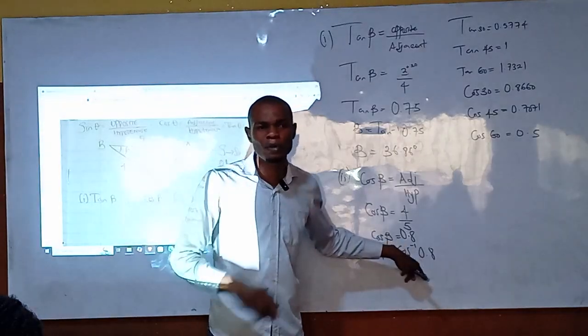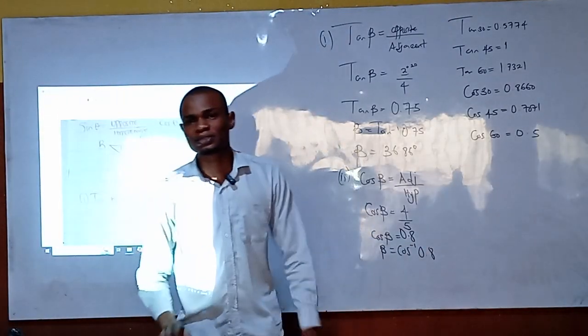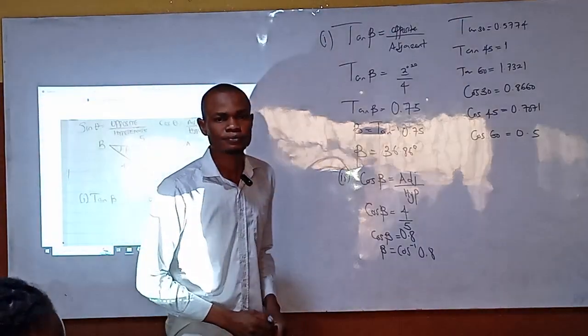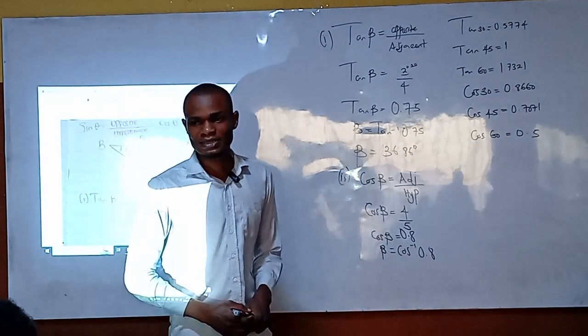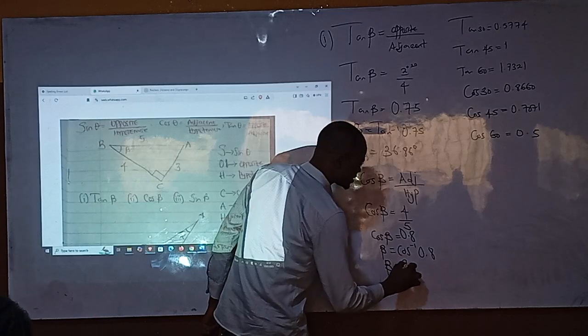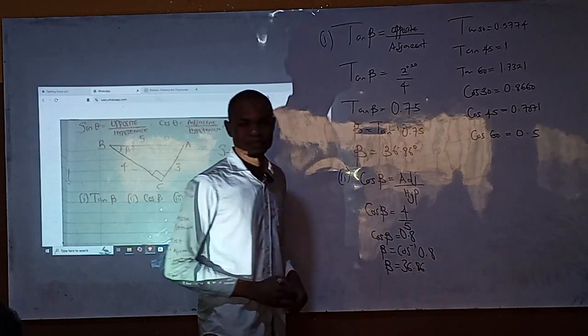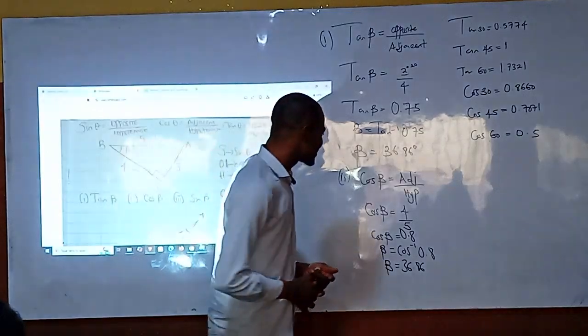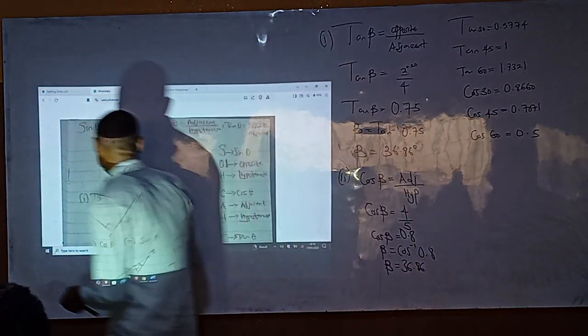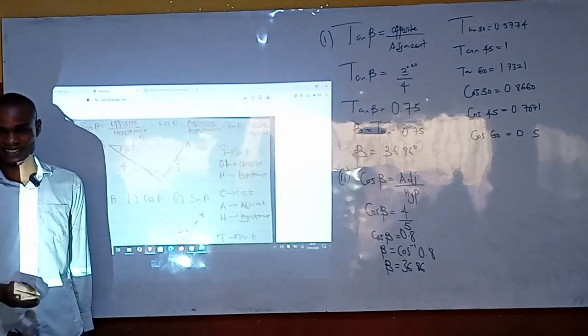Yeah, press it on your calculator: shift and cos 0.8. It gives 36.86, still very close. Can you see that this angle value does not change?